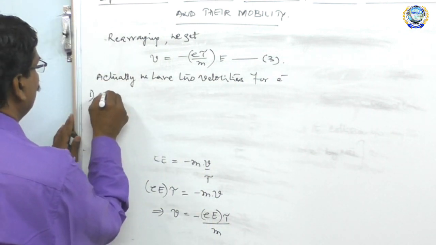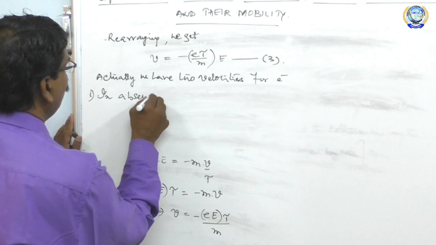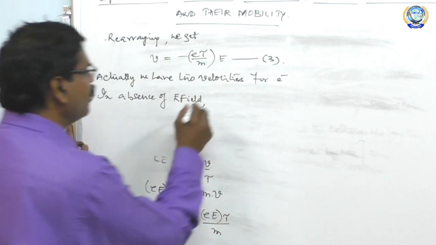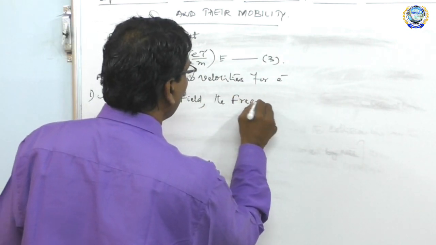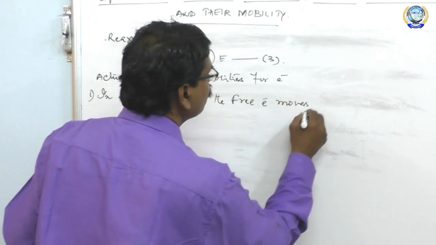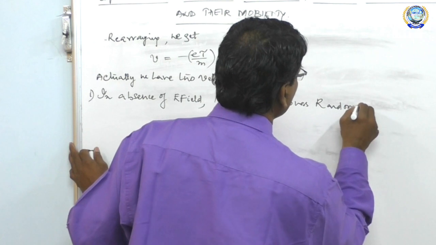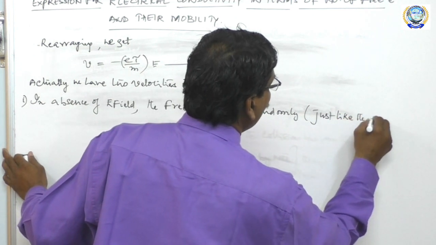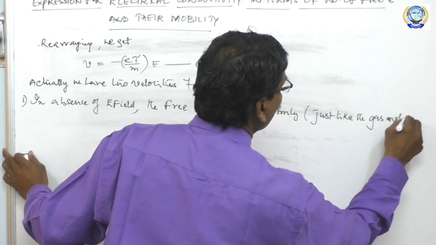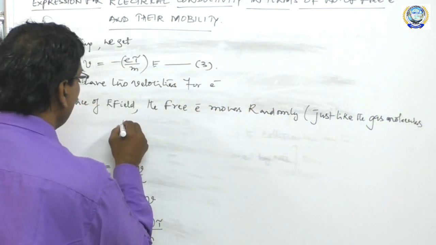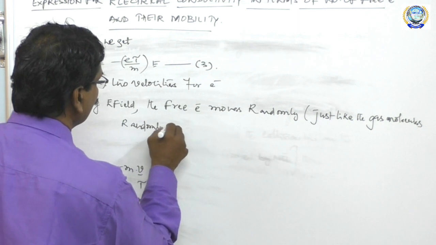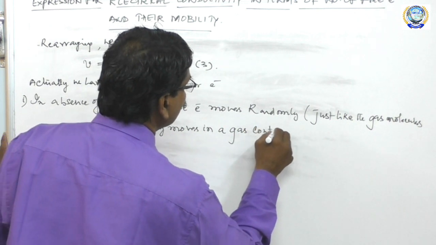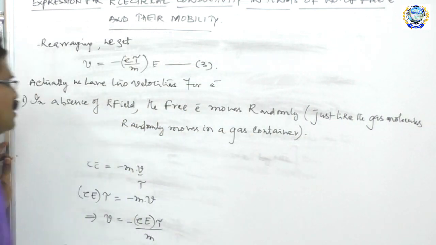Number one, in absence of electric field, the free electrons move randomly, just like the gas molecules randomly move in a gas container. That is the first case.